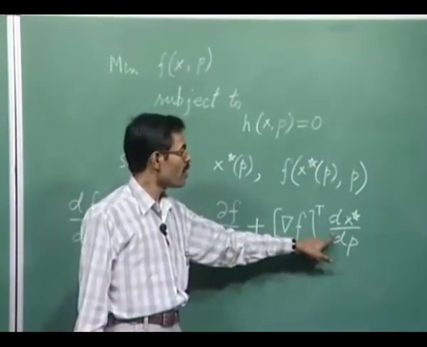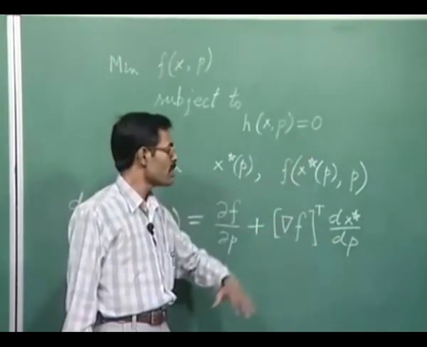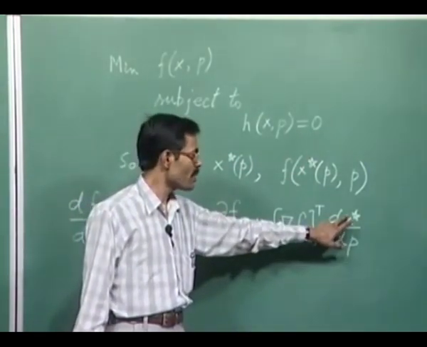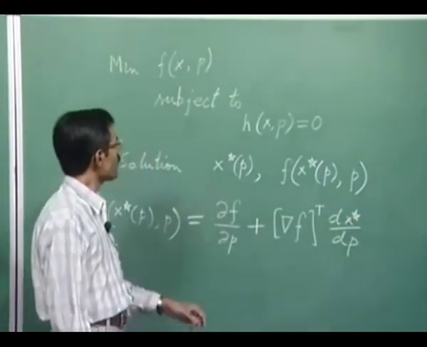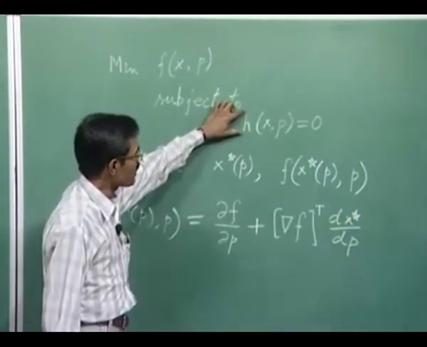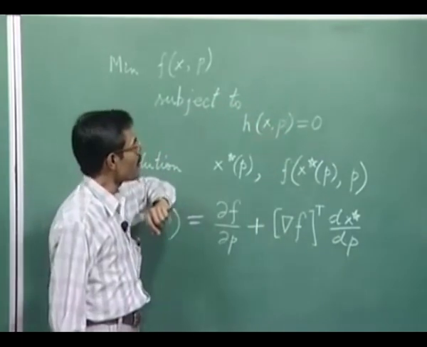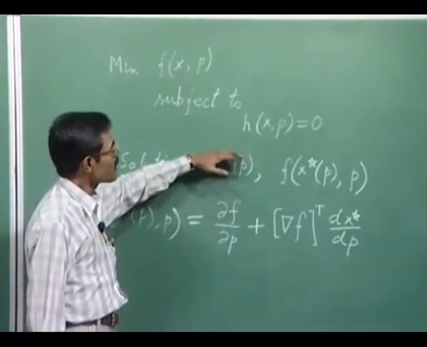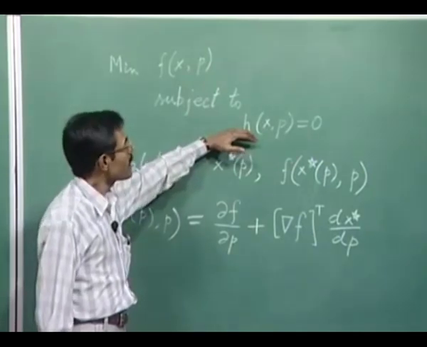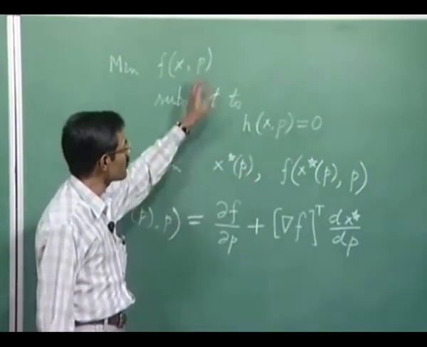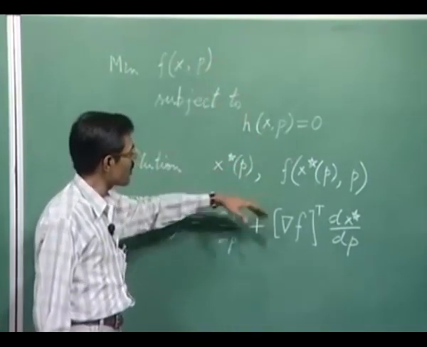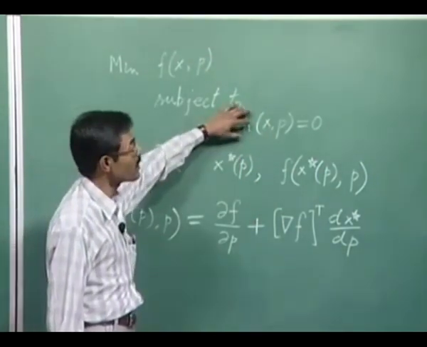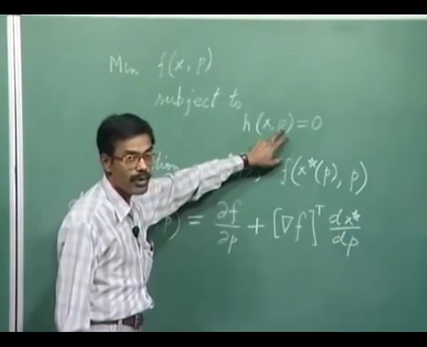Yes, you could solve the same optimization problem for another p and then get this, but there is a simpler way to solve for it, and for that you note this h x p equal to 0. At the solution point x star p, this is satisfied, right. If you make a small change in p and then solve the entire problem, then you will get another x star p which will also satisfy the new h corresponding to the new value of p.